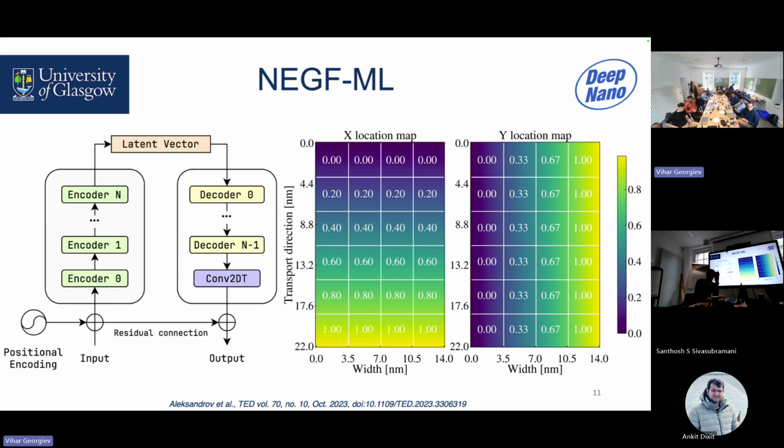So we said, okay, we'll create a so-called positional mapping. Let's say in the source it's 0, and it's one of the descriptors that go into the machine learning. And when you're on the other side, in the drain, you have 1. This is an arbitrary number between 0 and 1.